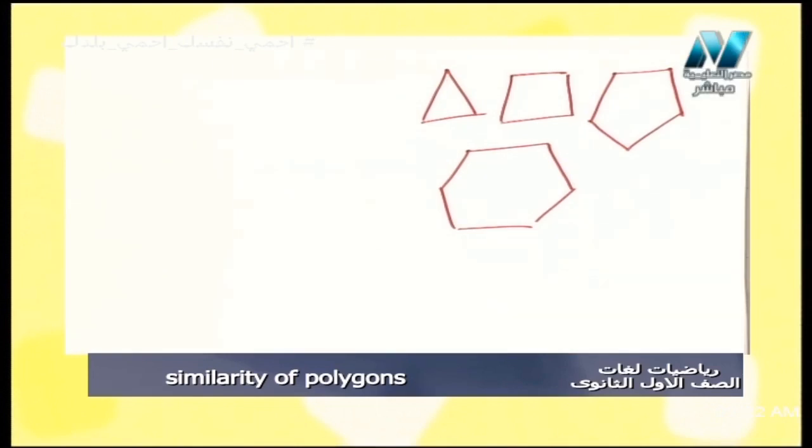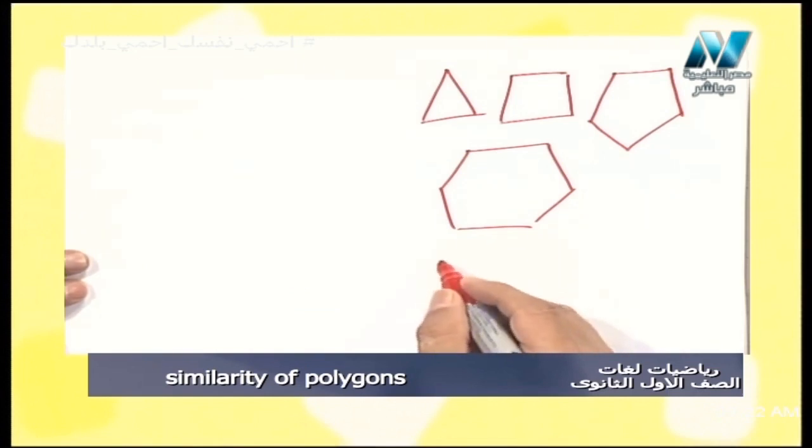Let's look at an example here. Before the example, if we have 3 polygons, can 3 polygons be similar? Yes, or even more, 4, 5, or so on.